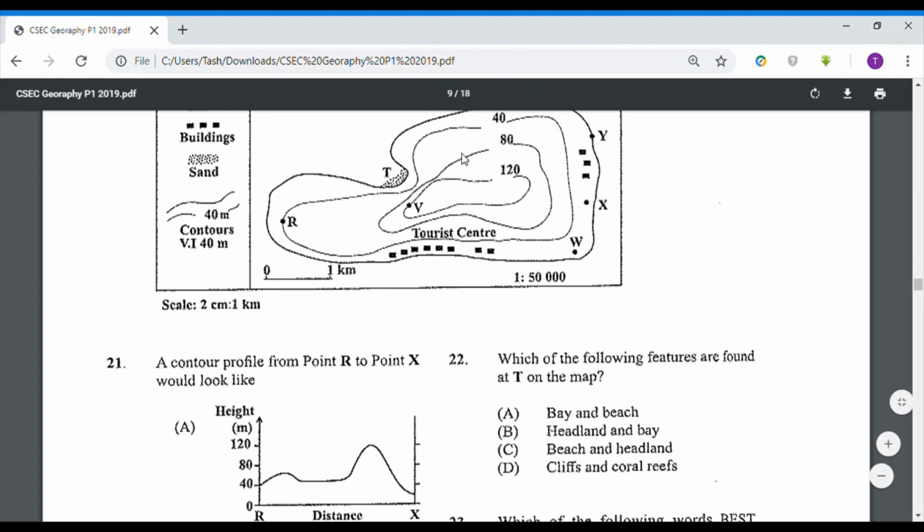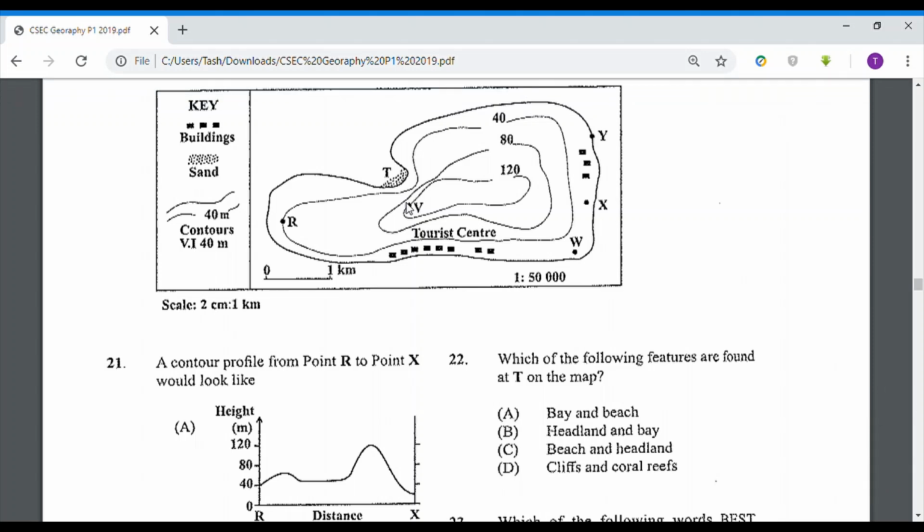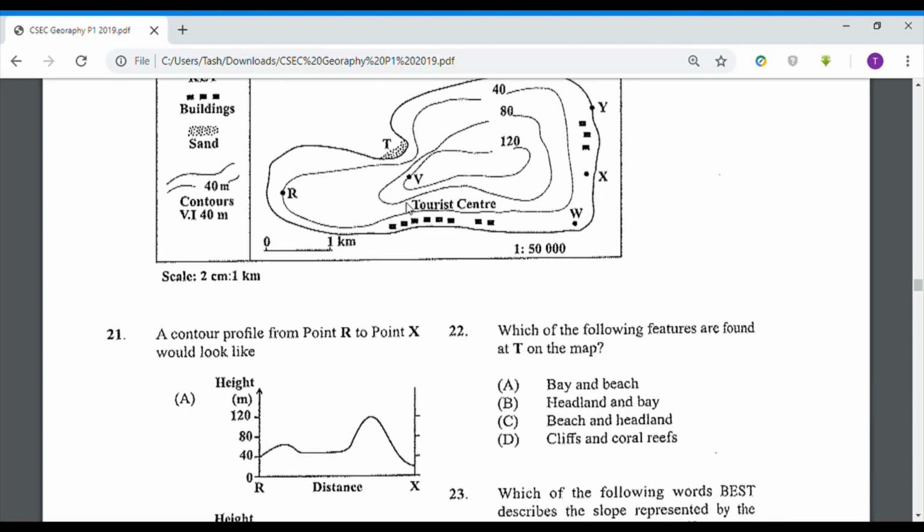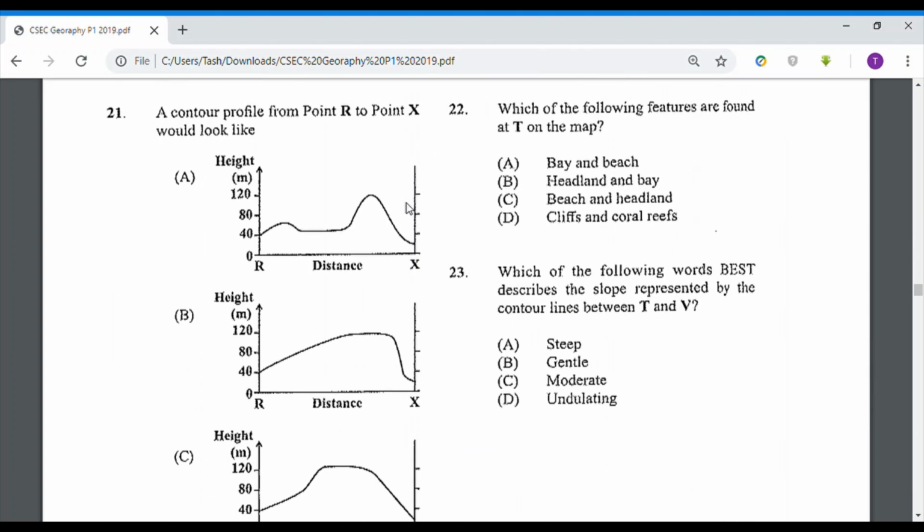So from T to V, right across here, we would say that it is rather steep, since you move from one contour line to the next very quickly. Some persons would say from 0 to 100 real quick. That way, it suggests to you that it is very steep land. So we are going to call 23 letter A.